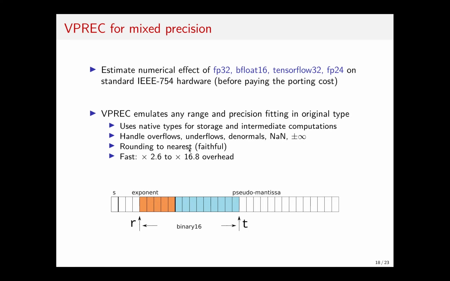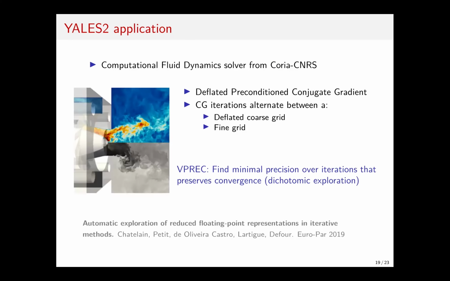For the rounding to nearest, we chose an implementation that is not completely accurate, but is fast and provides faithful rounding at worst. This backend has a lower overhead than stochastic rounding. As you can see, it has at most a 16 to 17 times slowdown. And you can choose any exponent and any precision that is lower than your original hardware data type.